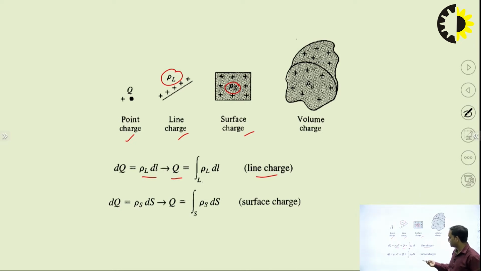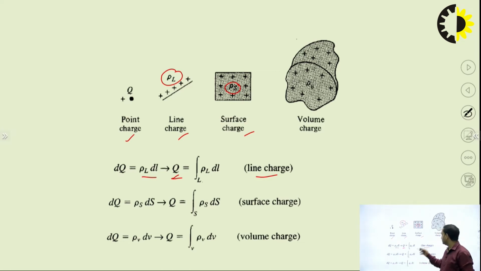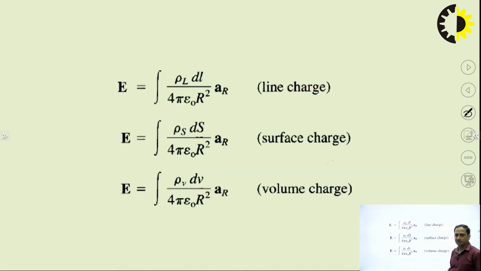Okay, so this is the formula representing the total charge present on the particular line, particular surface, or the particular volume. So in that we require the volume charge density. This rho v is the volume charge density. When we multiply it with dv, the total charge present in the given volume we can calculate by this, when we have the value of volume charge density.